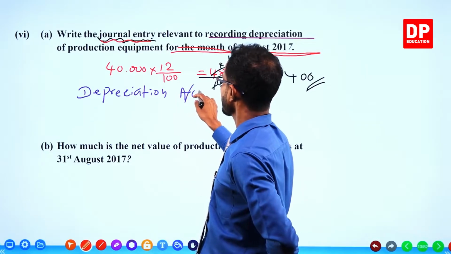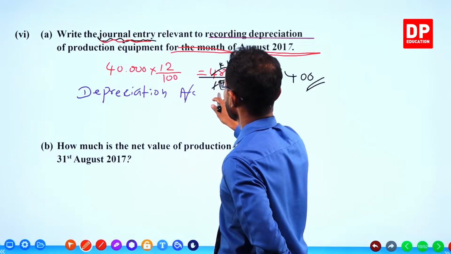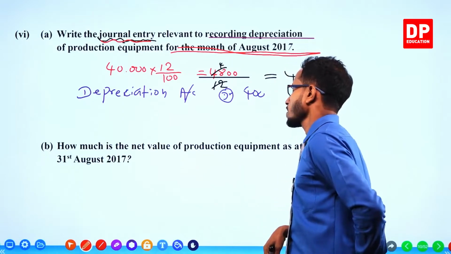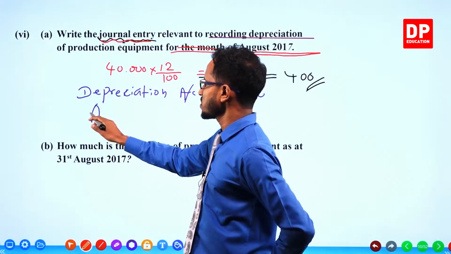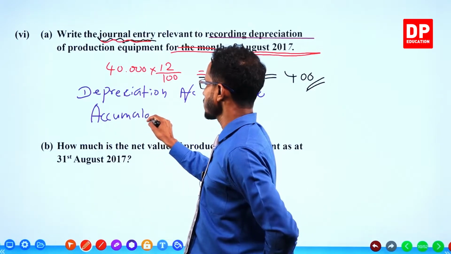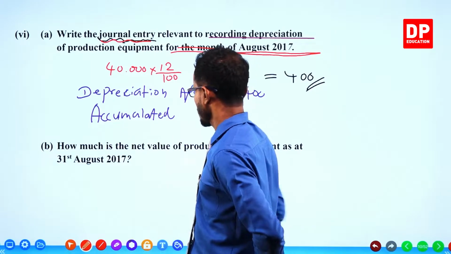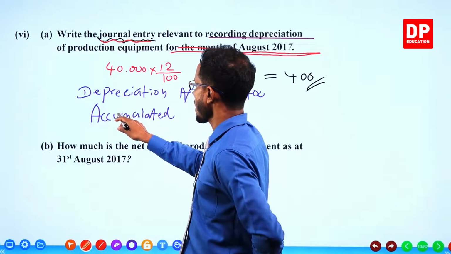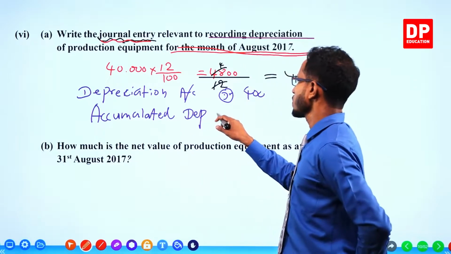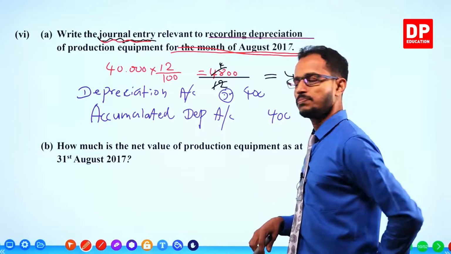Depreciation account, debit 400, accumulated depreciation account, credit 400.